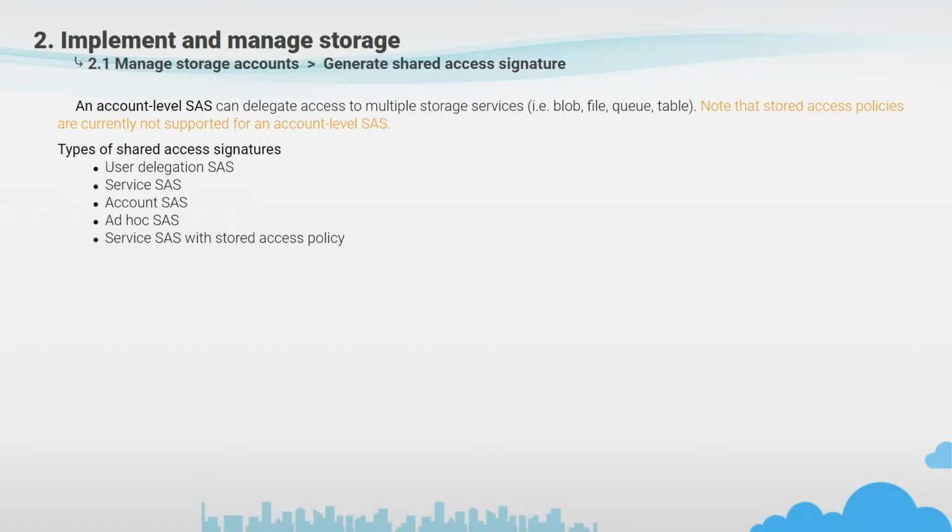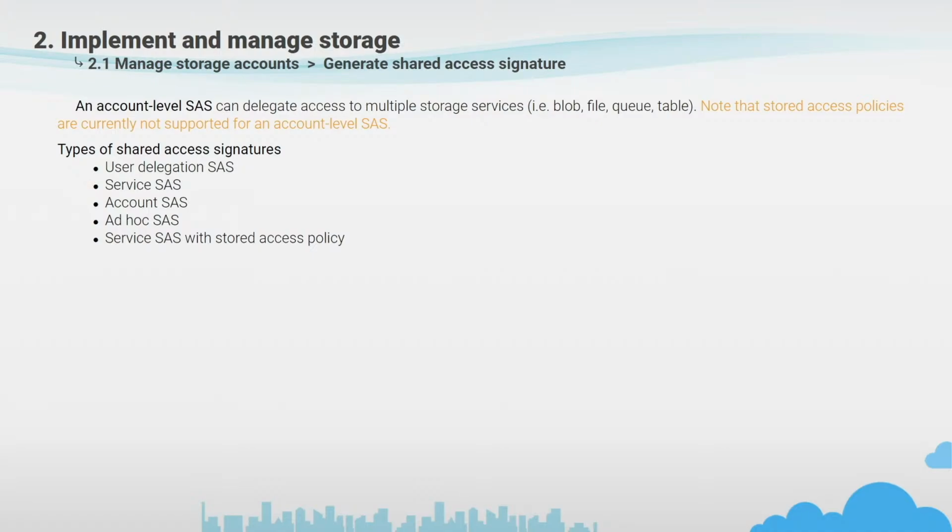A service SAS delegates access to a resource in only one of the Azure Storage services like Blob Storage, Queue Storage, Table Storage, or Azure Files, not all at the same time. And the last one, account SAS, is used to delegate access to all four storage services: Blob Storage, Queue Storage, Table, and Azure Files.